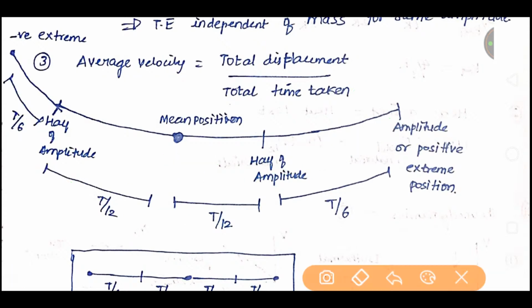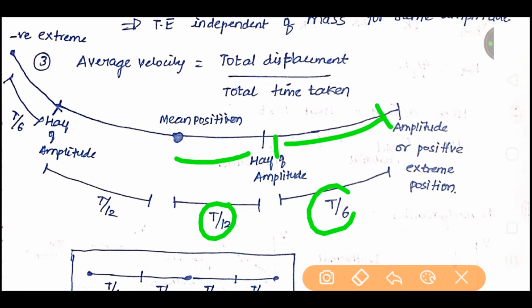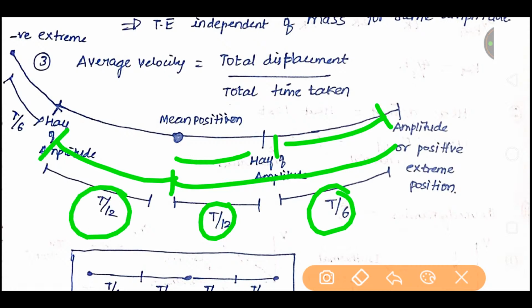The time taken to go from mean position to half of the amplitude is T by 12. From half of the amplitude to the extreme position, it's T by 6. Again T by 6, T by 12. Then from the mean position to negative half of the amplitude, T by 12. From here to the negative extreme, T by 6. Again T by 6, T by 12.